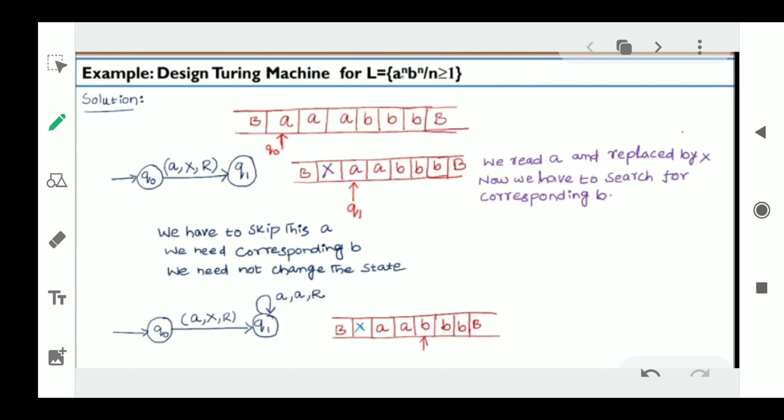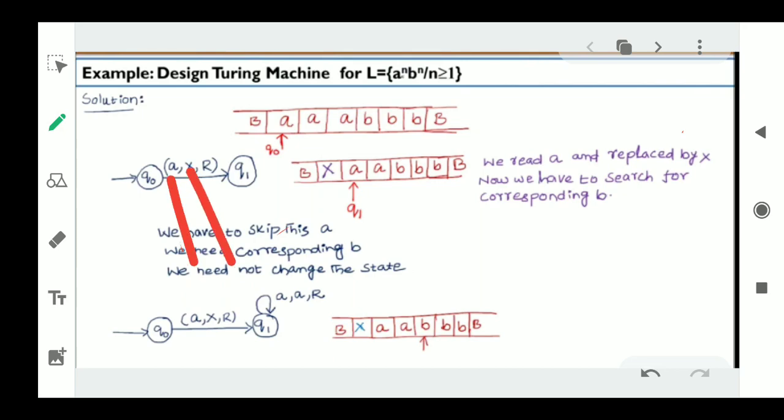So the graphical notation of the Turing machine is also explaining the same. We are starting from the state Q0, and we are reading the input symbol a. Whenever we read input symbol a, we are replacing that with capital X. The first symbol is the input symbol we are reading.